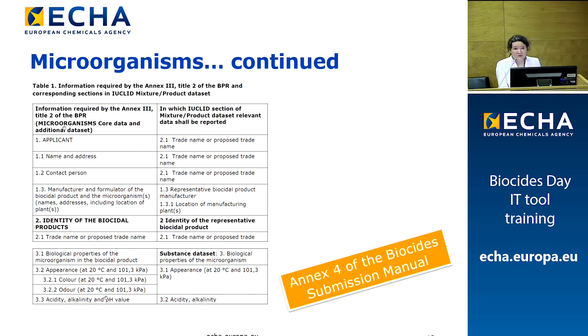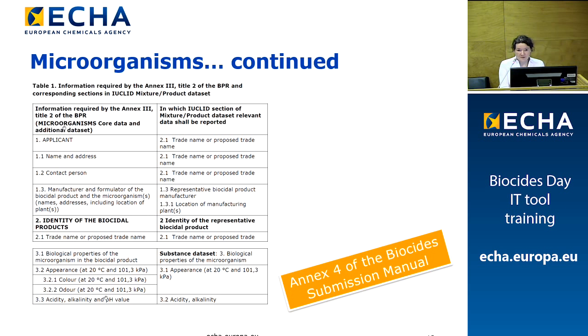As I mentioned, we did a new table of content for the substance, and as the product that contains the microorganism has a very similar structure to all other products, we didn't create a new submission type for product.